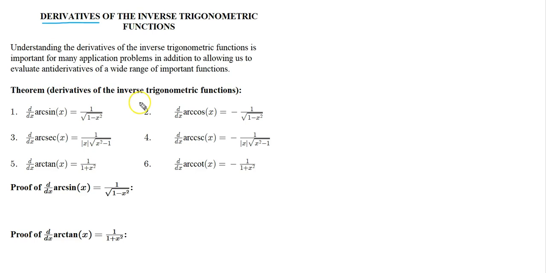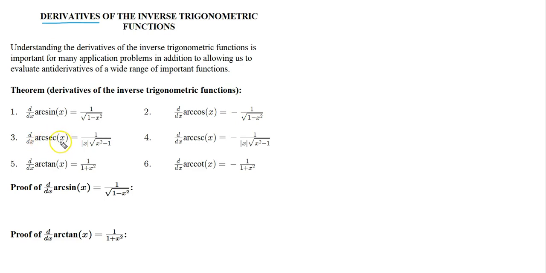So down here we have a theorem detailing the derivatives of all of the inverse trigonometric functions. For example, the derivative of the arc sine is 1 over square root 1 minus x squared, and correspondingly the derivative of the arc cosine is negative 1 over root 1 minus x squared.